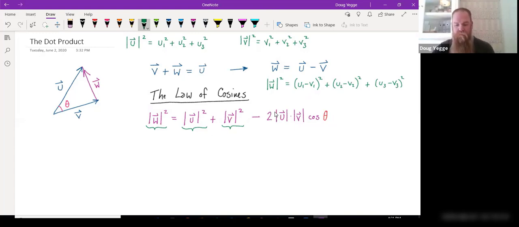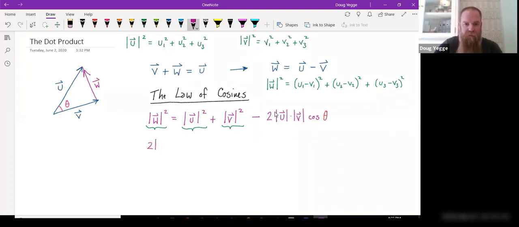And now what we're going to be able to do is just combine those by merging everything together. So we're going to go ahead and manipulate this equation first. I'm going to add this term to the left, and I'm going to subtract the magnitude of w to the right, just to rewrite this in a bit of a different way.